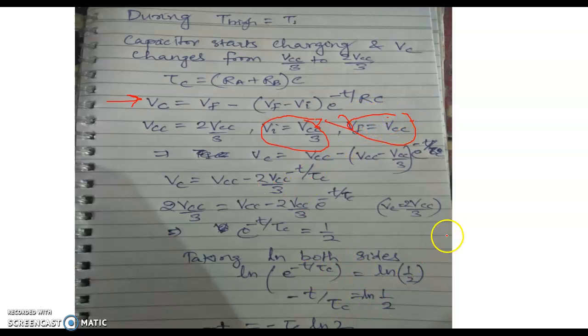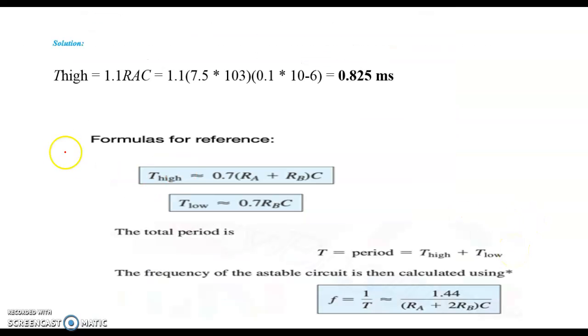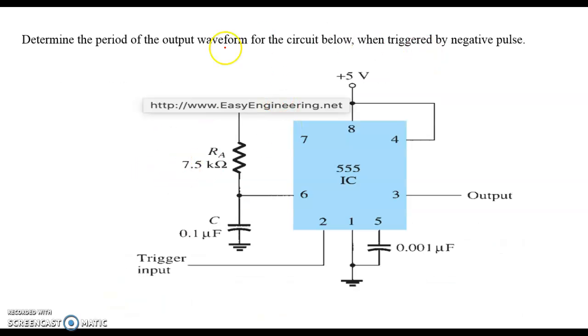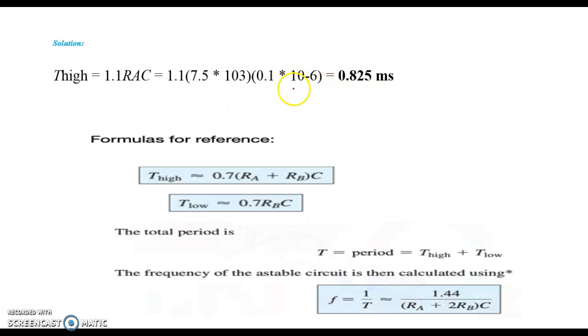So the overall calculation comes to T equal to tau C ln 3, and ln 3 is equal to 1.1. So 1.1 into RA C, and putting the values of RA and the capacitor, we get T high equal to 0.825 millisecond, and we get the time period of the output waveform after applying negative triggering.